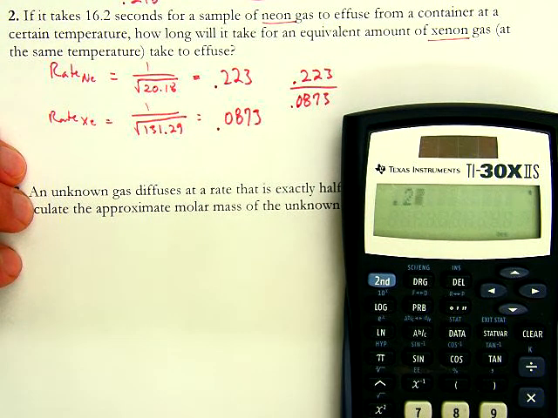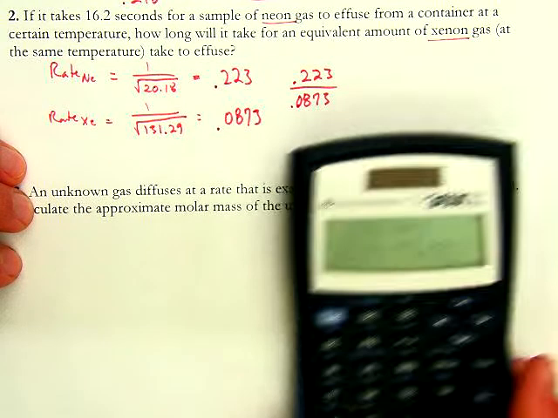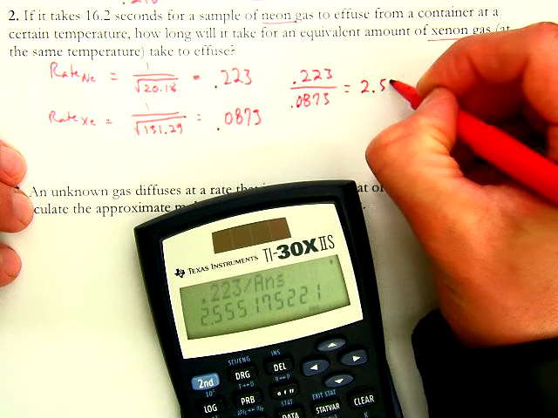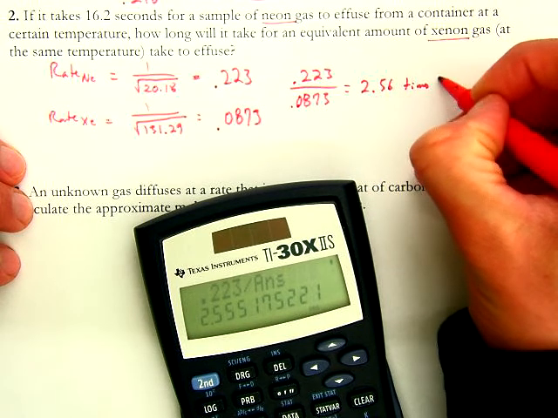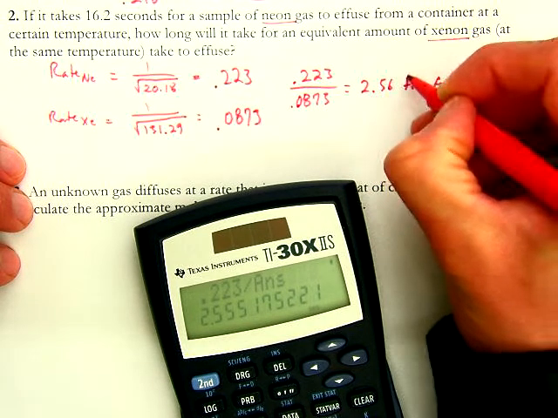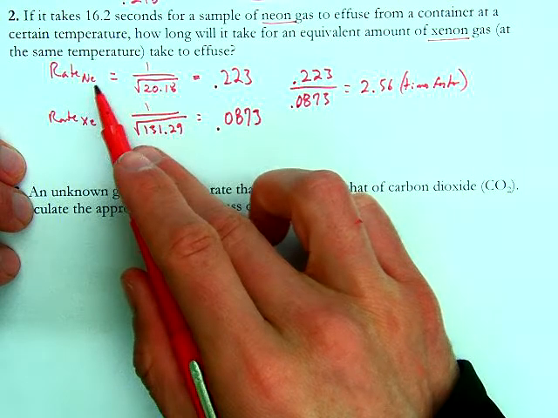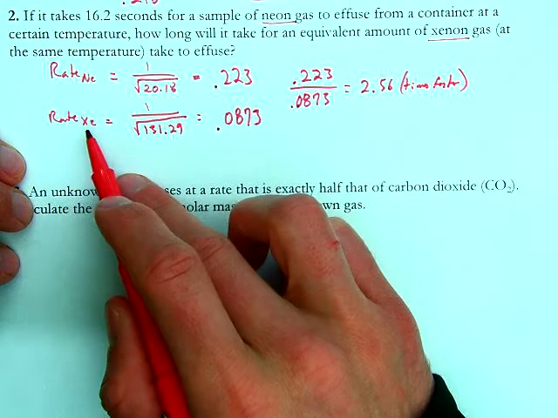So 0.223 divided by the rate of xenon, we get 2.56 approximately times faster. So what that means is the neon diffuses about 2.5 times faster than the xenon does.